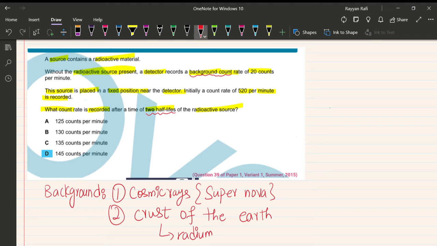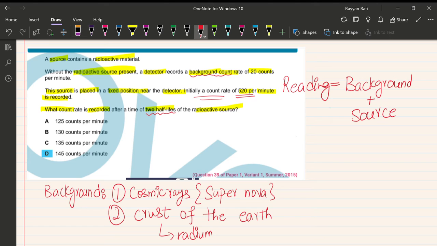If the final count rate is 520 per minute, it means the count rate of the source will be calculated like this. Reading is equal to the background count plus the source.